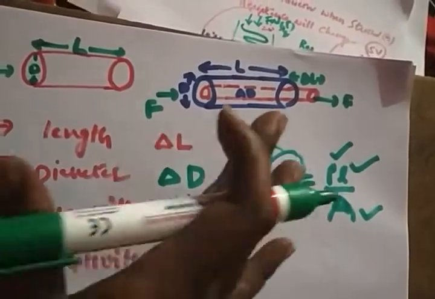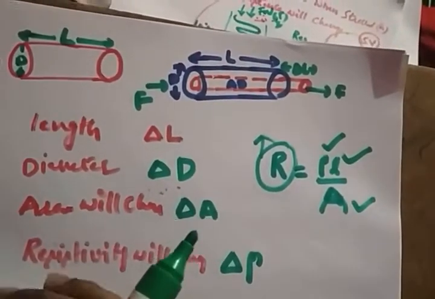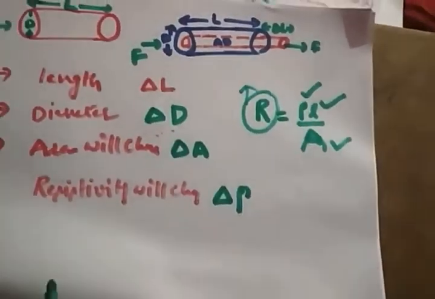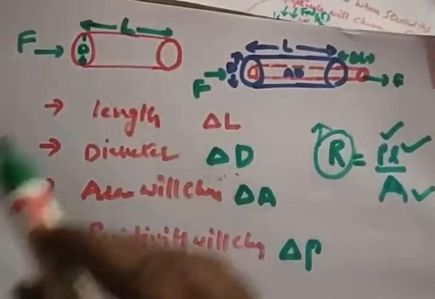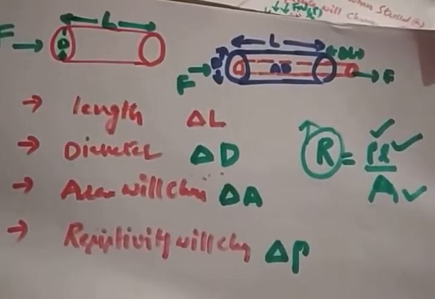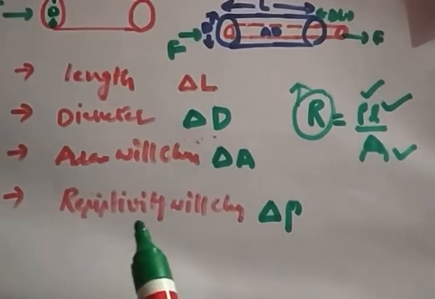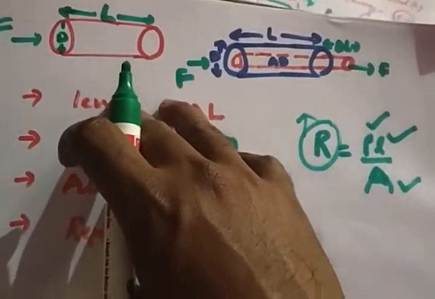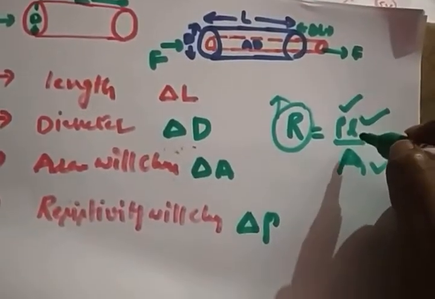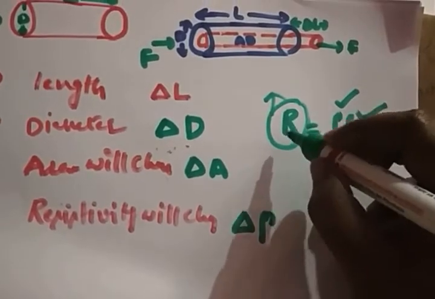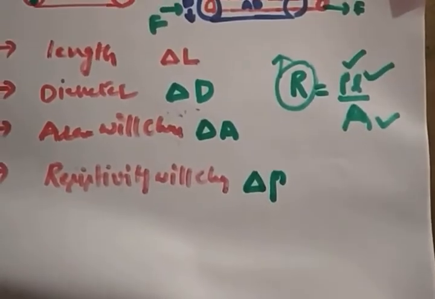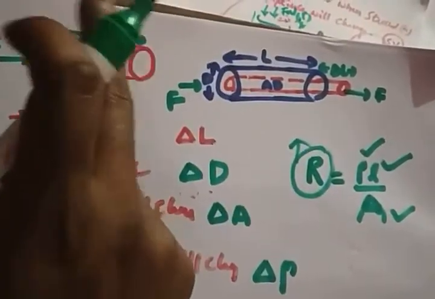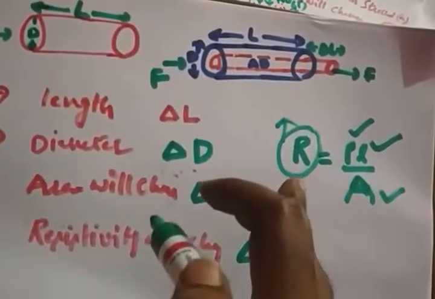When you apply a force like a stress or a strain, compressed or stretched, your length changes, your diameter changes, the area changes, and the resistivity of the material changes. According to that, your resistance will change. So whatever force you apply, the resistance will change.